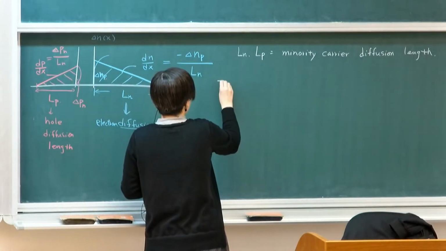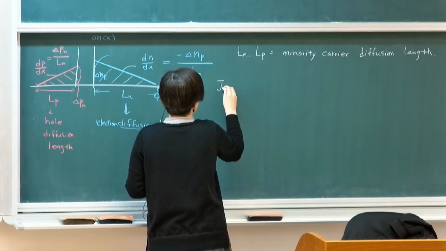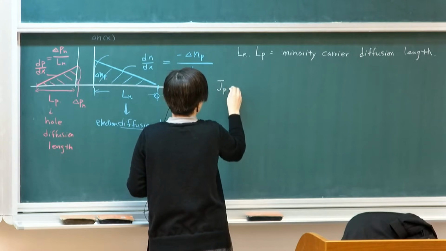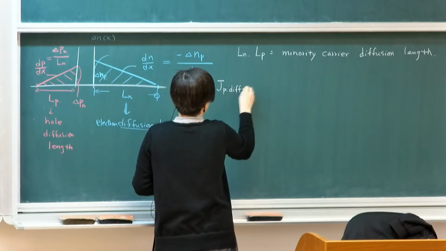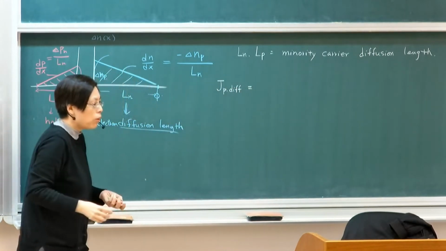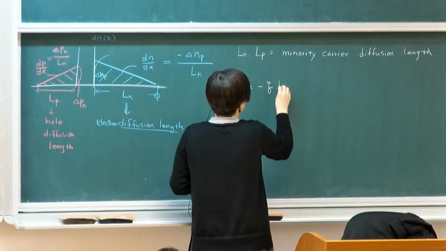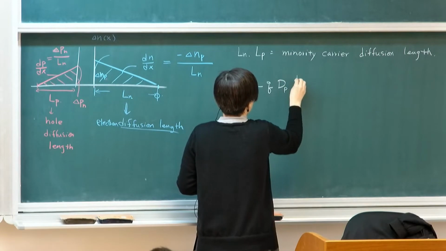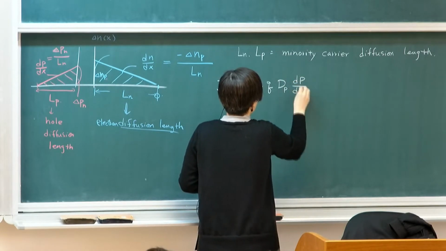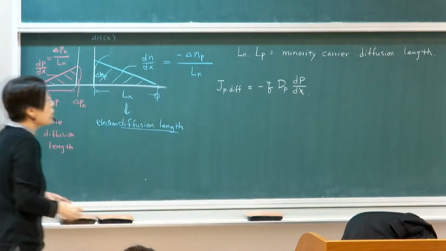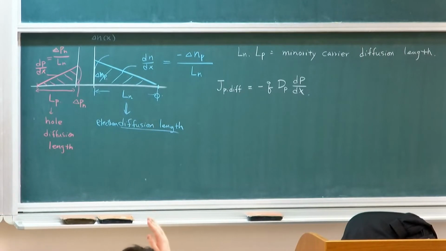So let's look at two parts, the hole diffusion. Remember, for holes there's a minus sign, so it's minus q D_p dp/dx. You go back to look at the diffusion current equation.